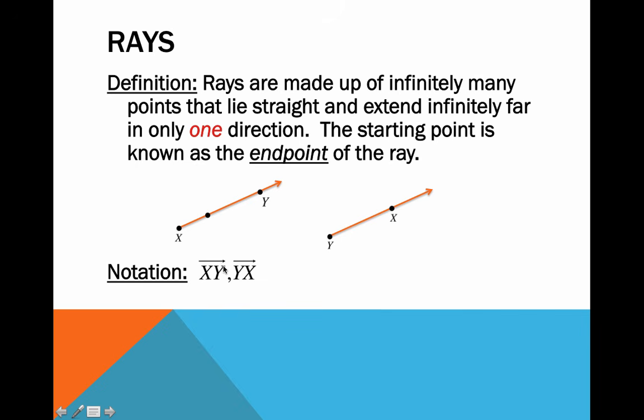Notice the symbol only has 1 arrow. The arrow is pointing in the direction it is extending infinitely far in, so it is pointing towards the Y. The ray on the right-hand side has a different endpoint, so we must label this ray as ray YX. Here's the starting point, the endpoint, and it's extending in the direction of point X.